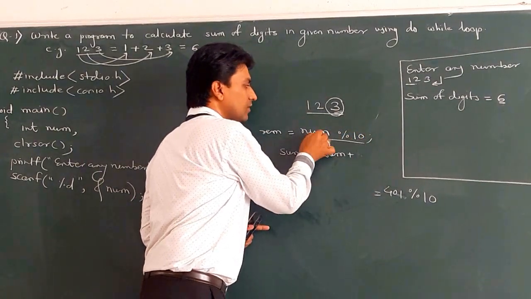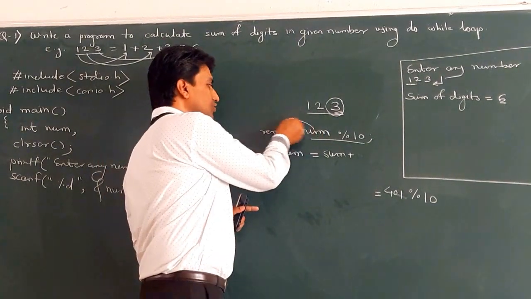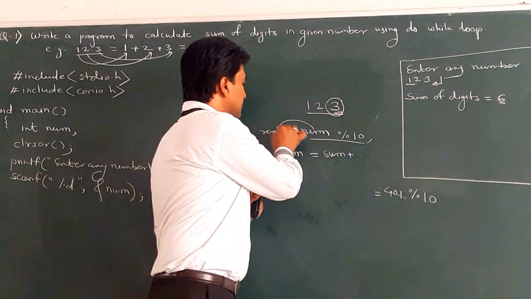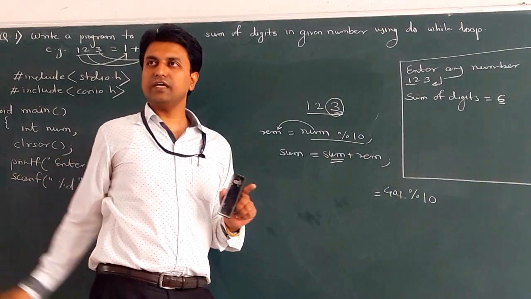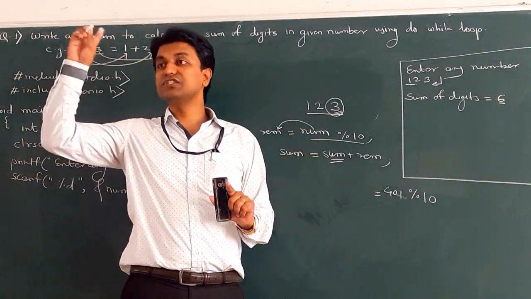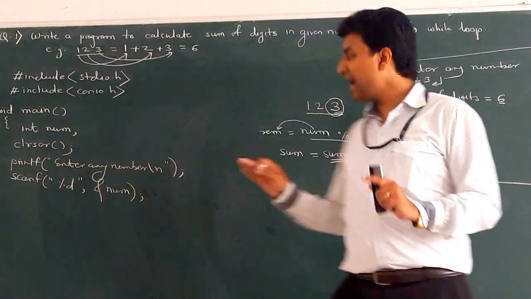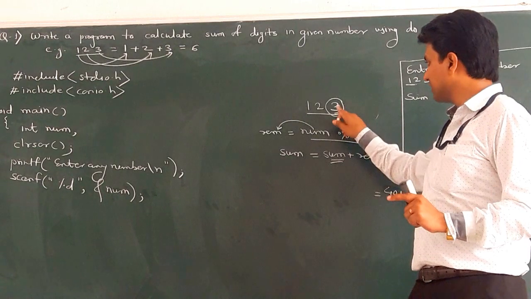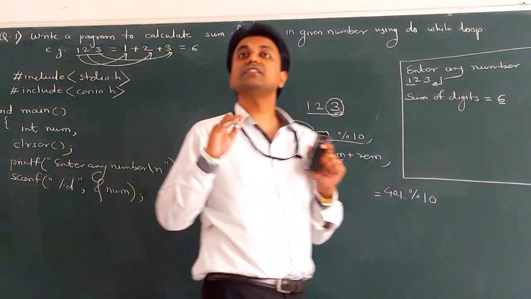So add this remainder into the sum variable, and initialize sum to 0, because the first time the value of sum is 0. Add this first digit into the sum: 0 plus 3, so sum becomes 3. This is the second step.